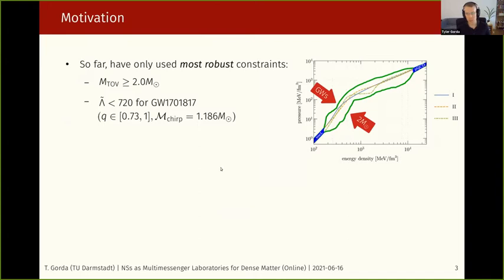So those are the only things that we require for each equation of state in that ensemble. And I think many of you know, they nicely cut out different regions at low densities. The 2 solar mass constraint forces the equations of state to be stiffer at low density, and the gravitational waves force it to be softer at low densities.